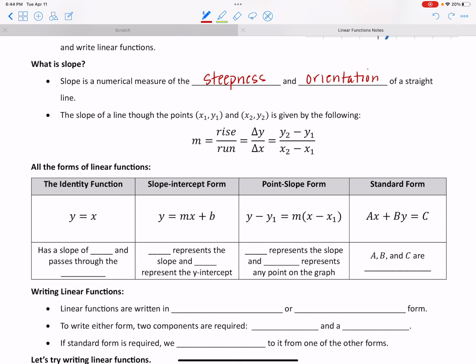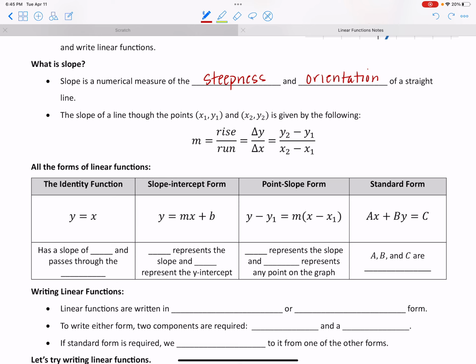But we could geometrically just count the rise over the run. So the rise being the change in the y values and the run being the change in the x values. So if I pick any 2 points on a graph and count the change in y's, or how much it rises from the one point to the next, and the change in x, or how much it runs from one point to the next, I can put a numerical value with the fraction there for its slope.